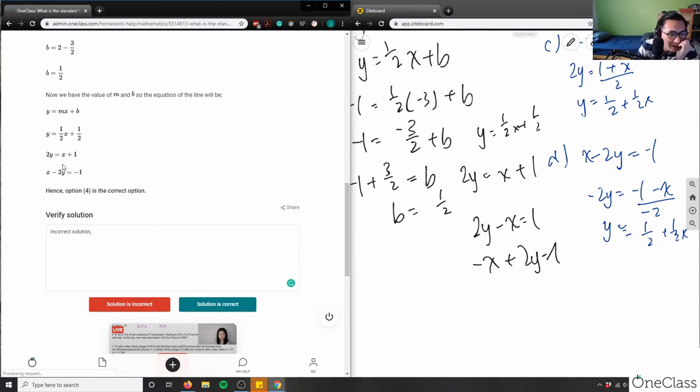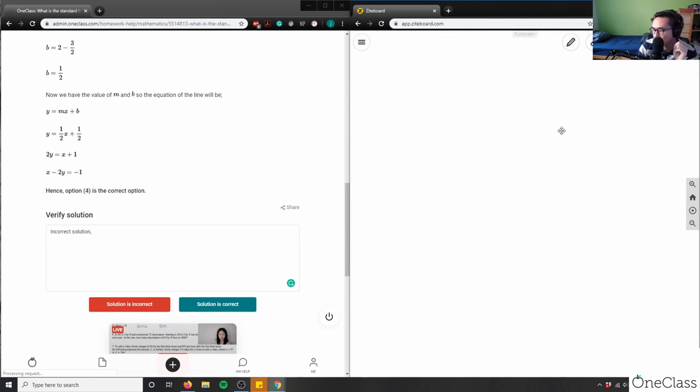So if I want this to be negative 1, I'll have to move this right side. Let me see what they did here. I'm very curious. So I have 2y equals x plus 1, right? And then I have to move 2y back here, right?